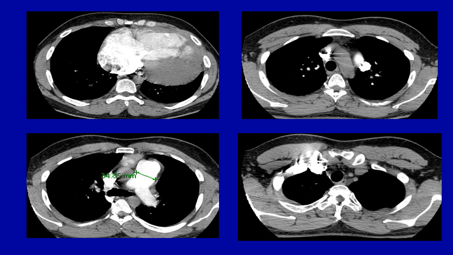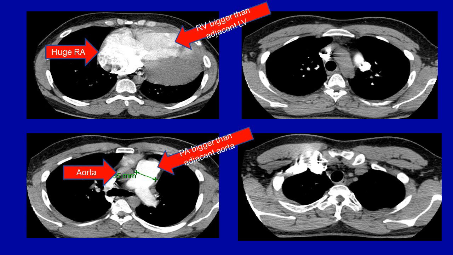Particularly, his right atrium was gigantic. That ought to be much, much smaller than it is. And his right ventricle was actually much larger than his left ventricle. Normally the right ventricle is a little bit of a crescent around the outside of the larger left ventricle, and he actually had reversed that so that the RV was much bigger than the LV.